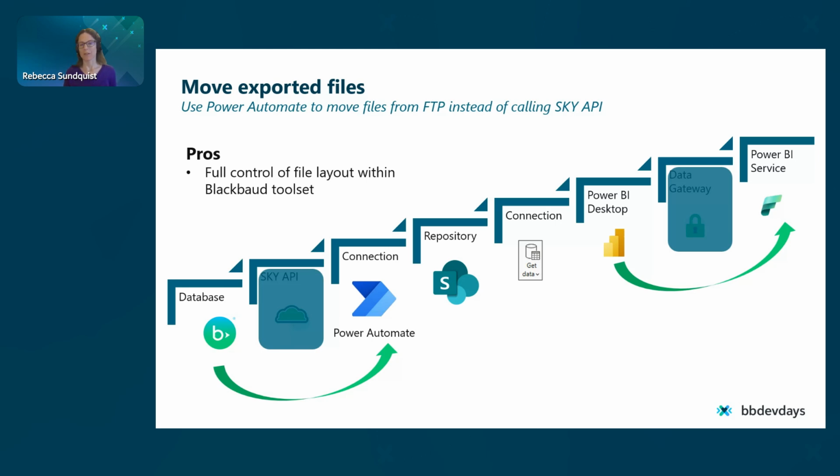Of course, that opens up the possibility of using export rather than strictly the query API. But a con with that is that in order to fully automate, you would be relying on Blackbaud's queue feature to schedule the exports or query results, and then subsequently Power Automate would need to be scheduled to follow up on that. What does that look like?